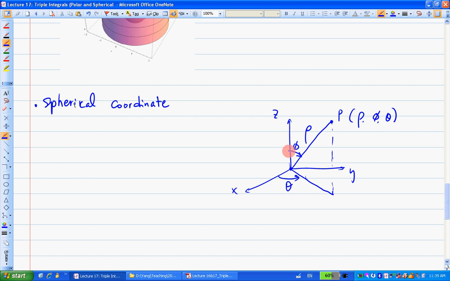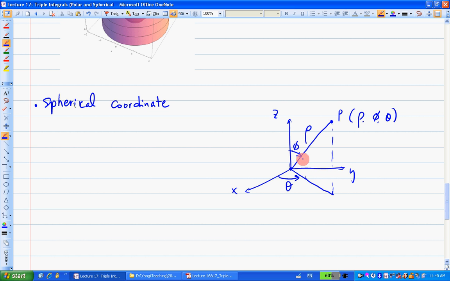But our textbook defines phi as here, because when you go from here, that's counterclockwise, and usually you treat counterclockwise as a positive angle. So I'm going to stick with the textbook definition. Our phi is from the z-axis up to the line, the rho, here.